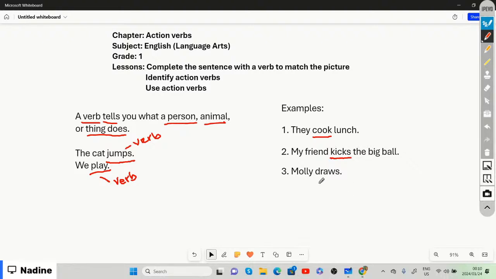If we identify the verb within that sentence, we can say it is draws. So Molly draws. So draws is a verb, kicks is a verb, and cook is a verb. It tells us what either someone did or something did.